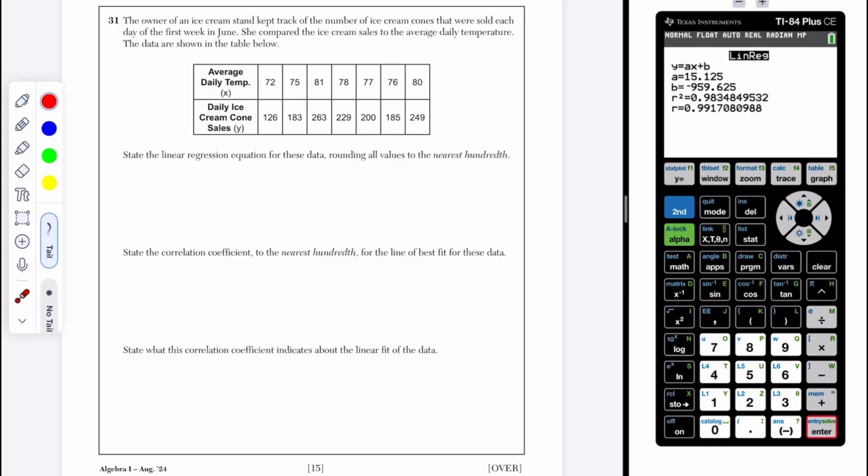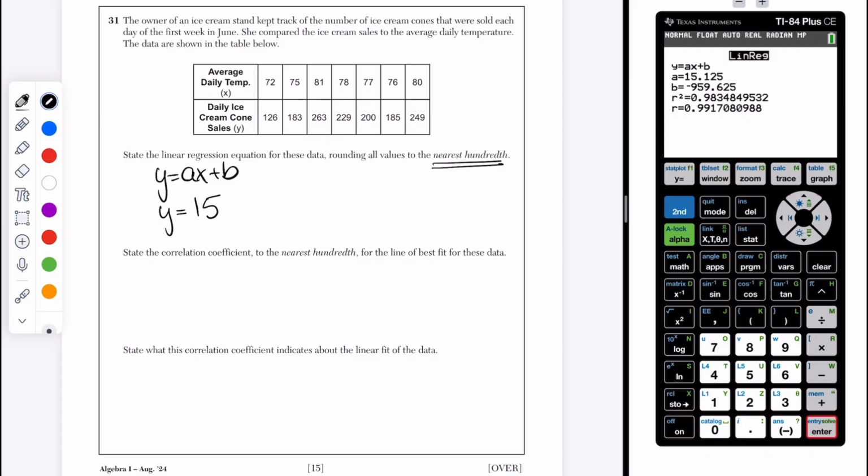So in the first one, they're going to ask us to state the linear regression equation. So the form I want is ax plus b, and I have right there my a and my b. So I'm going to put those in. So y is equal to, for a, I'm going to put 15. It wants it to the nearest hundredth.